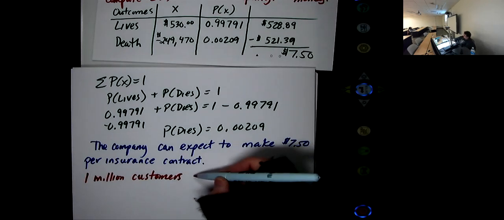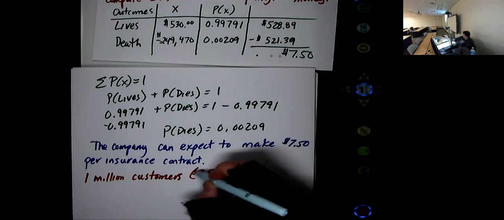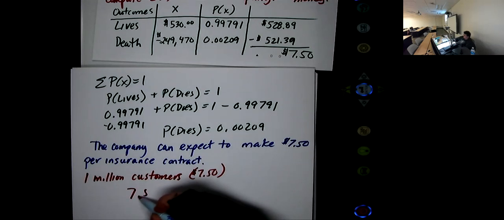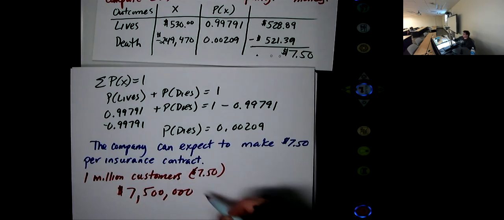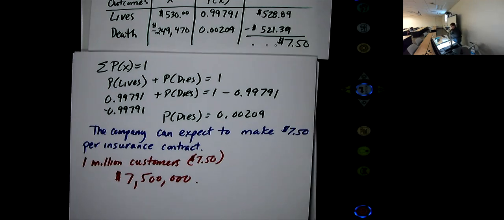And so 1 million times that $7.50 is 7.5 million ducats. So insurance companies, casinos, stuff like that, they're not playing the short game, they're playing the long game. Because when they lose, they generally have to pay out a lot. But they don't lose that often.